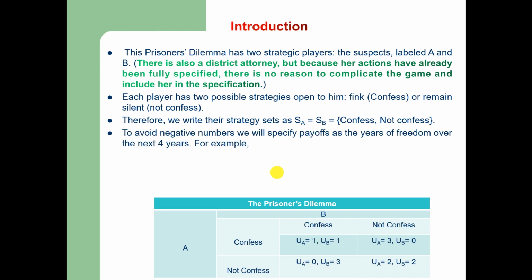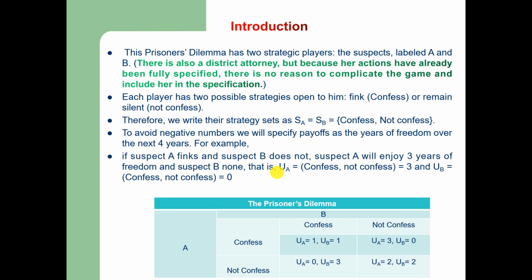To avoid negative numbers, we specify payoffs as the years of freedom over the next 4 years. For example, if suspect A confesses but suspect B does not confess, then suspect A will enjoy 3 years of freedom and suspect B will have 4 years of jail. Therefore, the utility of A is equal to 3.